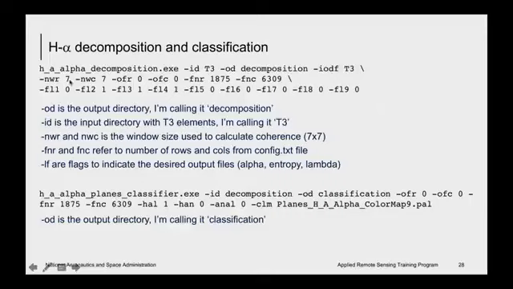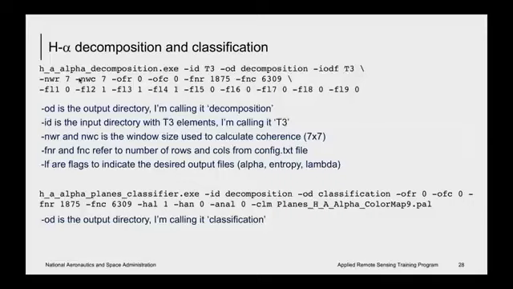And remember we talked about how we take a moving window to calculate the values in the T3 matrix. So this is what we're talking about here. You have a window in rows and a window in columns, and this is what's used to do our calculations. So this is relevant, and I'm using a 7 by 7 window here, but you could use a larger number.